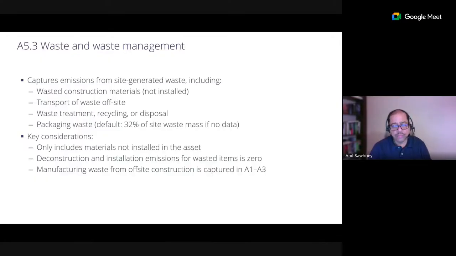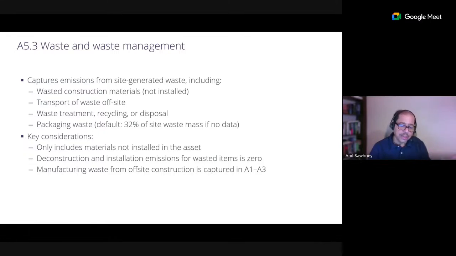Manufacturing waste from off-site construction. So let's say you're using modular construction, which is maybe factory-built components, maybe wall panels, your trusses, maybe bathroom pods. The waste that occurs in the factory should be part of A1, A2, A3.